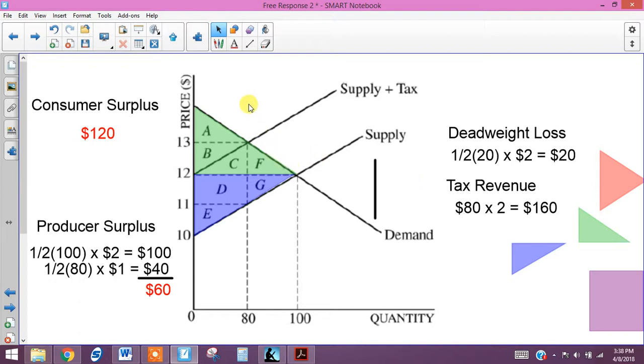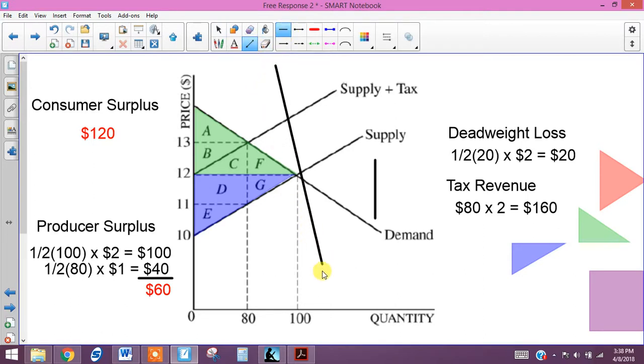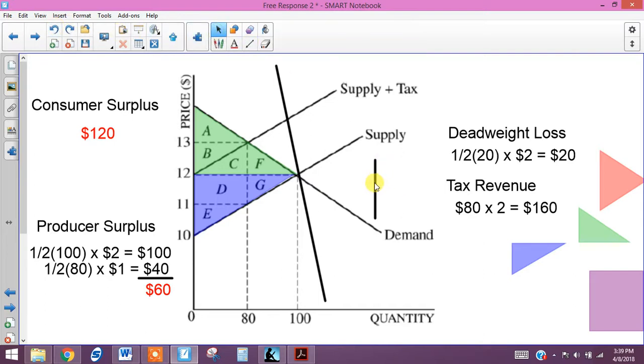If it was more inelastic, if I were to draw it like this, then the $2 tax would be imposed, and instead of going from here to here, you're going from here to here.